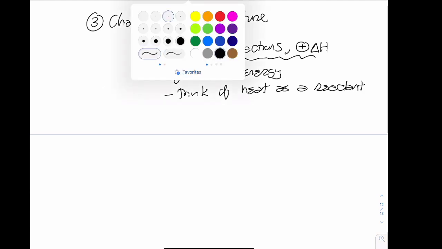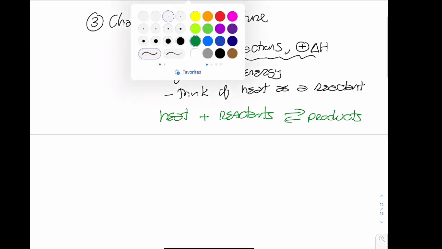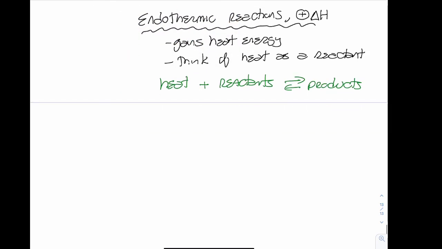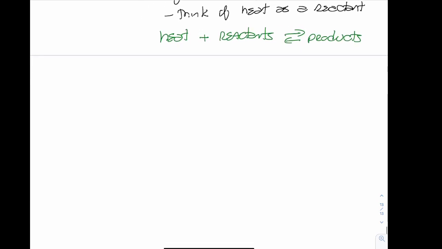So if I wanted to write it, I would say heat plus reactants go to products, right? I'm gaining heat. Heat is something I'm putting into it. I'm going to leave some space because I'm going to come back and write 2 lines there. So just leave yourself a little bit of space also.